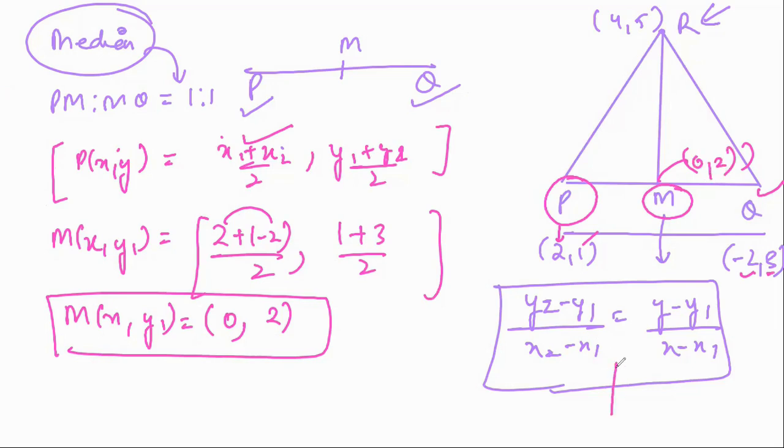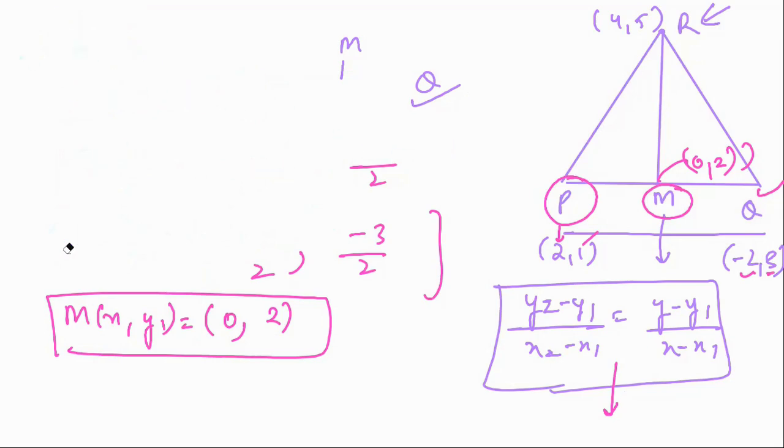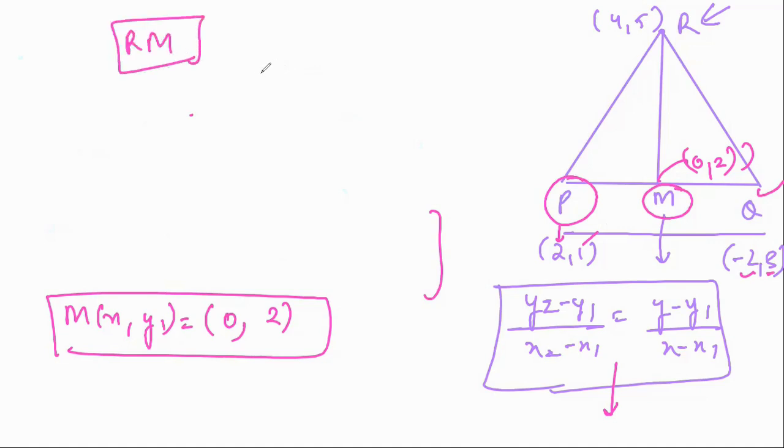Now let's try to find the equation of the line. It's very important and also very easy. We don't require this one now, we have already used the midpoint formula, or we can call it the section formula also. If there is a midpoint, we can directly apply the midpoint formula. Now we are finding the equation of line RM, which is the median. So R will work as (x1, y1) according to the formula, and M will work as (x2, y2).